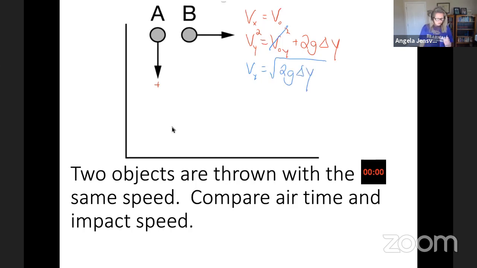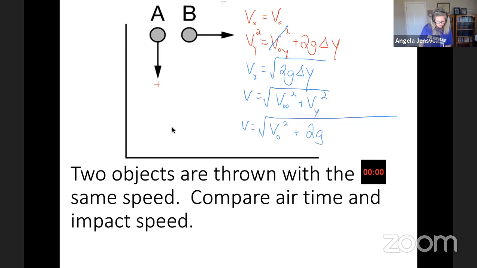Then in order to get the impact speed, speed means magnitude, so we want the square root of Vx squared plus Vy squared. So we would say square root of V naught squared plus 2g delta y, where Vy squared is 2g delta y. Okay, so that's for object B.